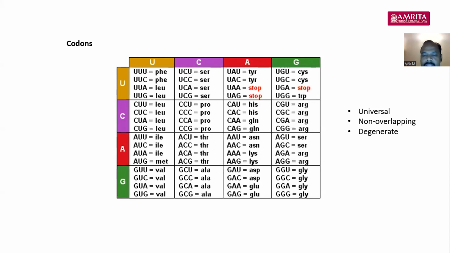And interestingly, these codon rules seem to be universal. Till now, it is universal, meaning this codon chart is followed by almost all biological systems. But I told you biology is also about exceptions.